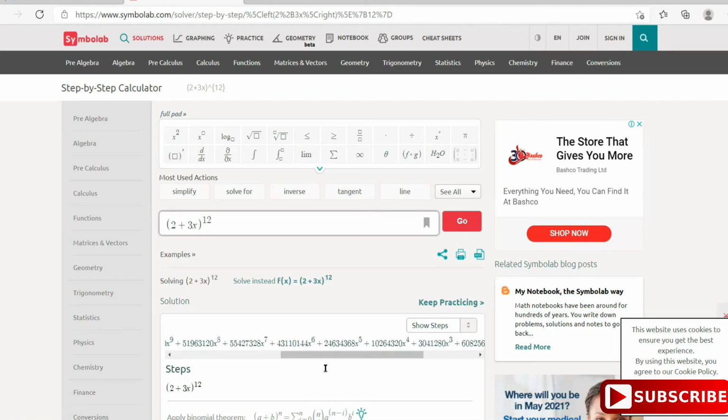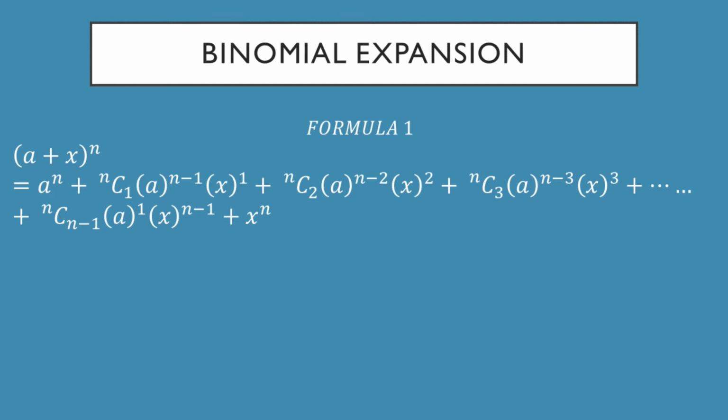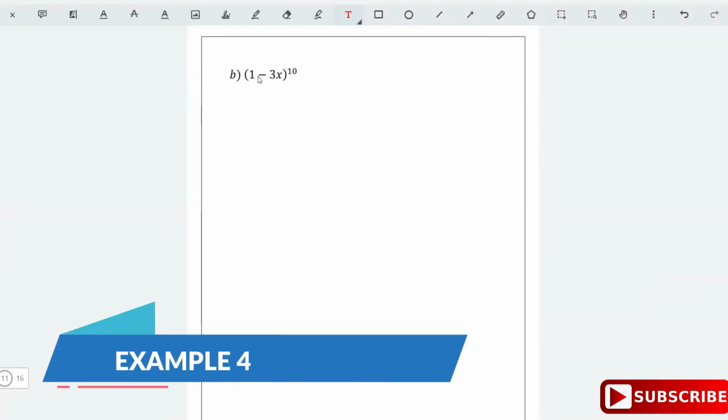And the reason why is, always remember what I say right here. In order to find the coefficient of the x to the 6th term, it needs to be n choose that number that is there. So if n is 15, it would have been 15 choose 6.